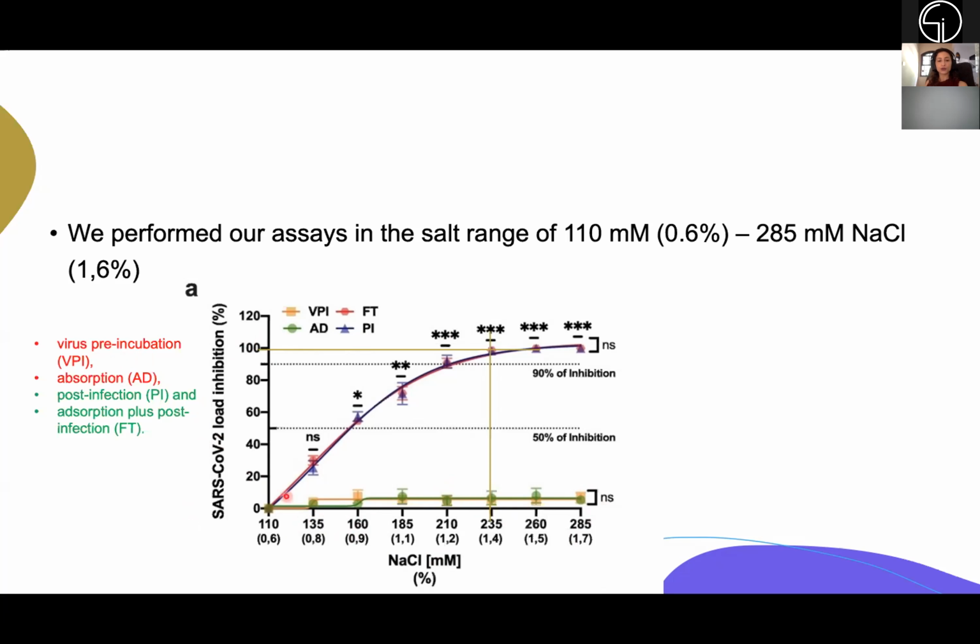Neither if you add the virus to the cells and keep the salt only for 2 hours, and after that you take the salt out and put in normal medium, the virus can still replicate. So the salt must be in the medium to avoid the replication of SARS-CoV-2.